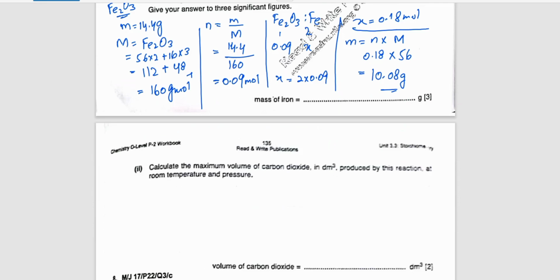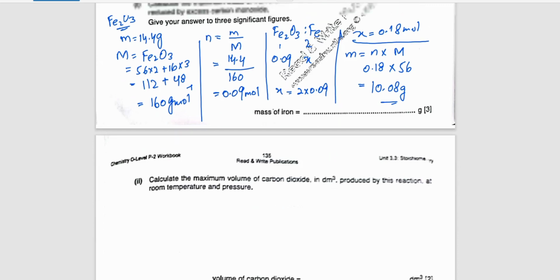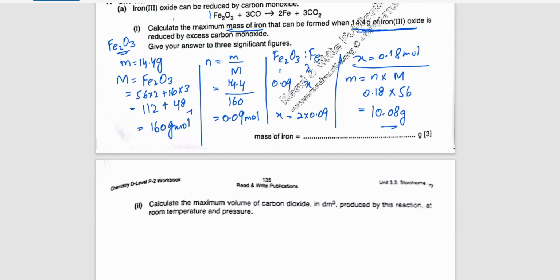Calculate the maximum volume of carbon dioxide in dm cube produced by this reaction at room temperature. By using the same ratio, we can find out the volume of the carbon dioxide produced. Now we compare Fe2O3 with carbon dioxide. 1 mole produces 3 moles of carbon dioxide, and if we have 0.09 moles of Fe2O3, what will be the amount of carbon dioxide produced in moles?